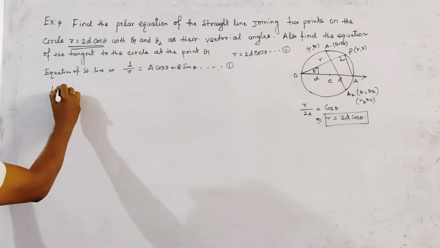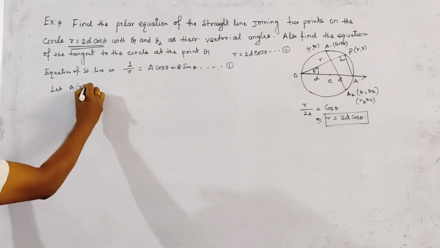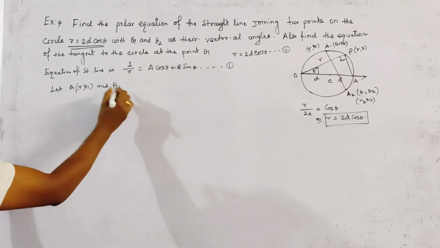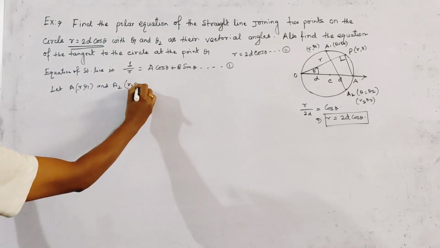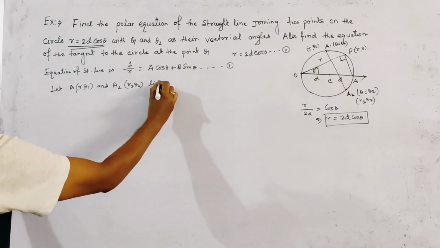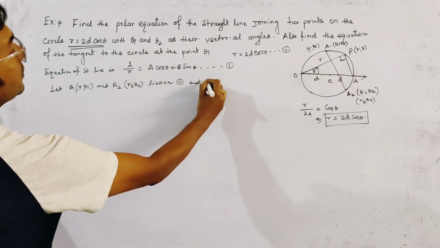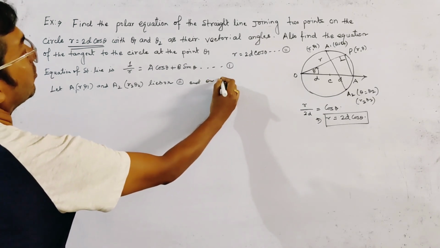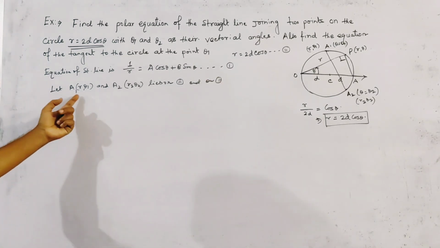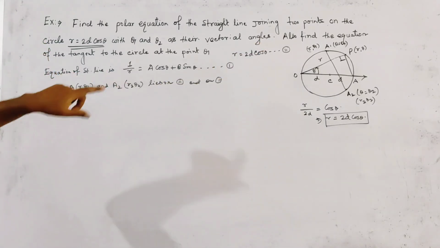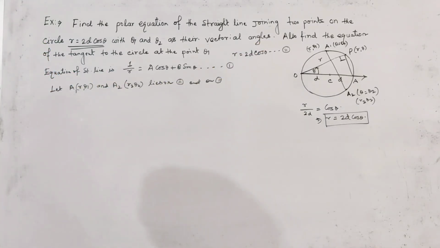Let A1 (r1, theta 1) and A2 (r2, theta 2) lie on 2 and on 1. These two points lie on the circle, and they lie on the straight line.